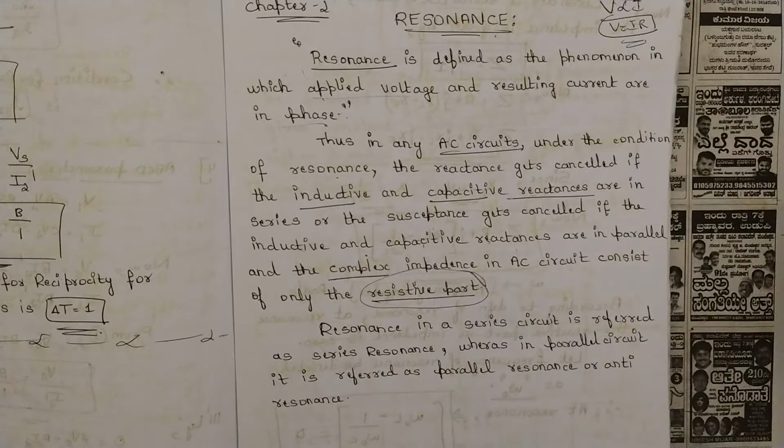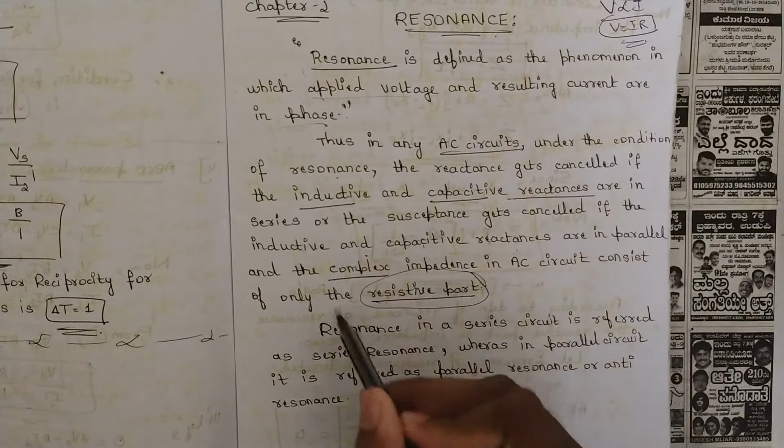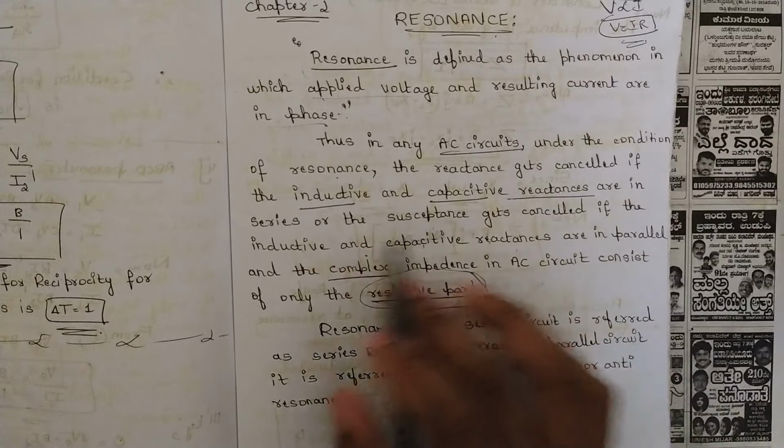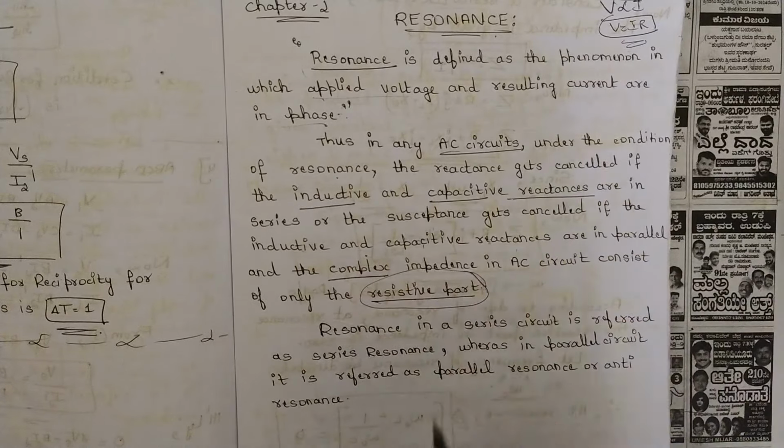While we do the simplification and substitution, we would be left with only the resistive part, and the inductive and capacitive reactances, the susceptances and the complex parts would get cancelled, which you are going to see in our further classes, how they are interrelated to each other.